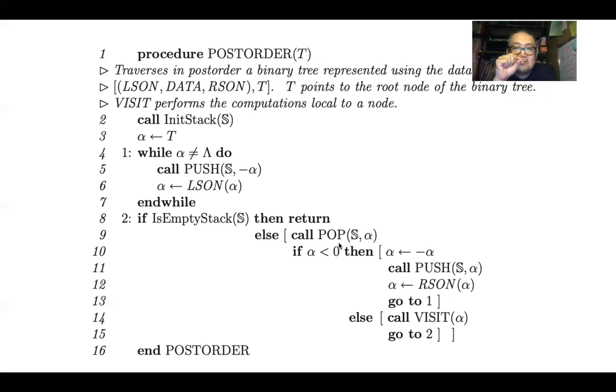After you have encountered this node and you have identified the right hand, you will push it back to the stack again. Or if it's positive, then we know that that is the time to visit that node, because that is the second time that the node is encountered after it was pushed to the stack for the first time. So that is how post-order traversal works in an iterative manner.